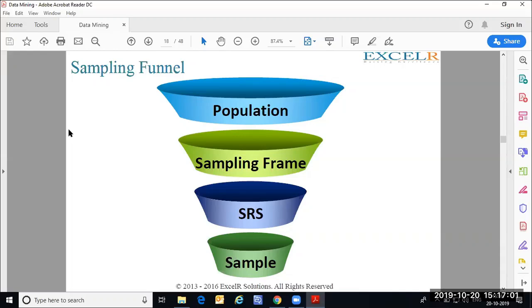Only then would the result that you obtain by analyzing the people of the sample be the same as for our population, right?